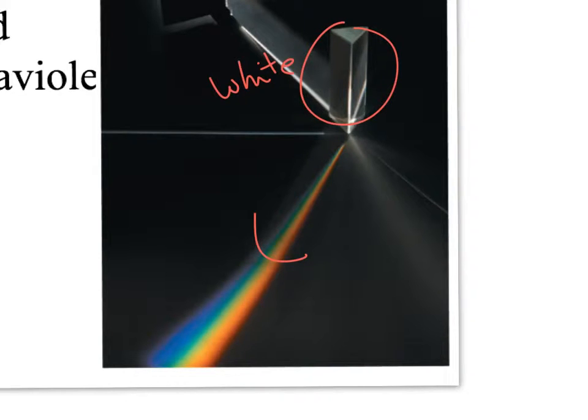So here in a minute I'm going to show you a mnemonic device, but can you see going from this end over, we have red, orange, yellow, green, blue, indigo, violet. So violet's here, red is here.